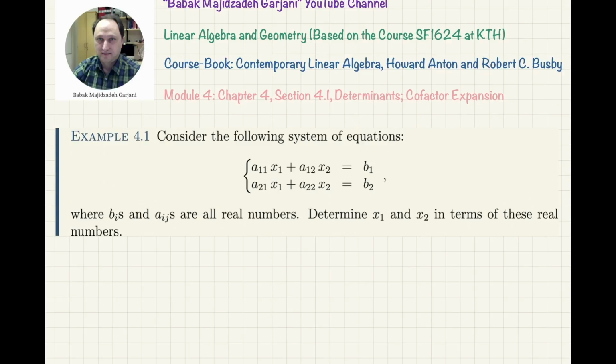This is the first video that I have produced based on the course Linear Algebra and Geometry with the code number SF1624 presented at KTH, Royal Institute of Technology, Stockholm, Sweden. This is a course in elementary linear algebra.